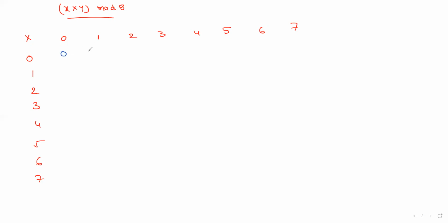The first row is entirely 0. 1 into 0 is 0, 1 into 1 is 1 mod 8, 1; 1 into 2 is 2 mod 8, which is 2; then 3, 4, 5, 6, 7. Simply multiply the corresponding row and column entries of each cell.